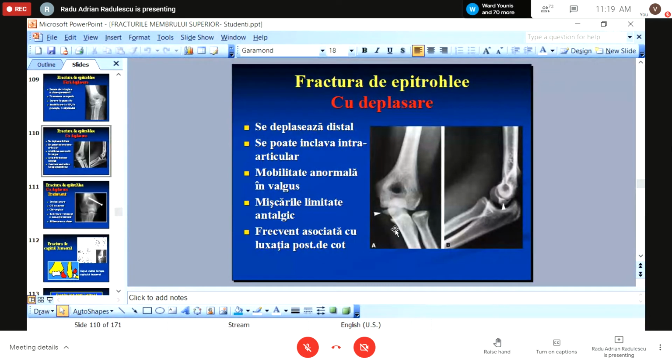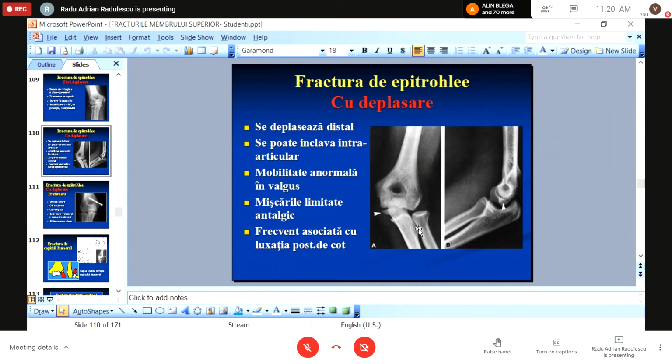But like I said, in most situations, the fracture is displaced and the fragment may even penetrate into the elbow joint, like we can see in this X-ray. Due to this fragment in the elbow joint, the movements of the elbow joint will be blocked, so they will be much diminished.